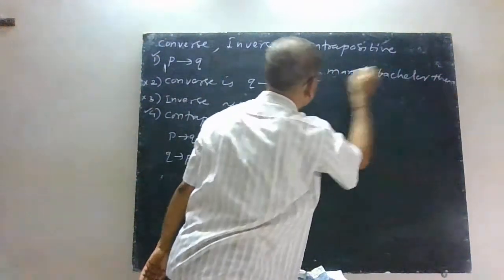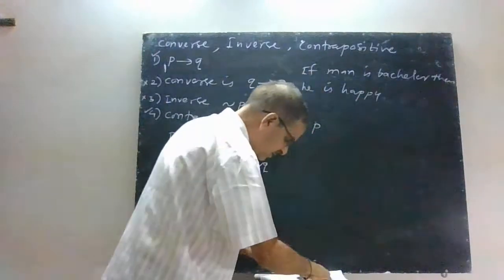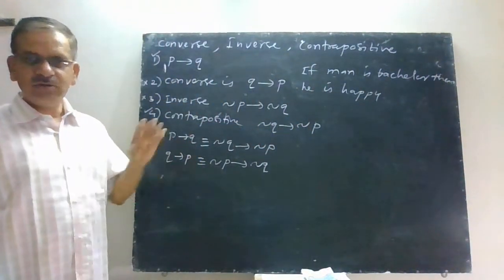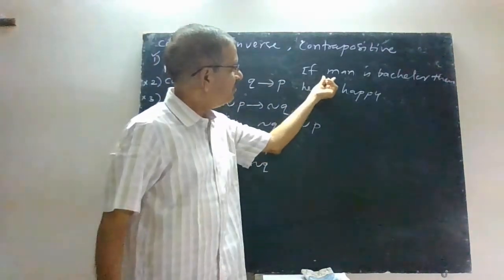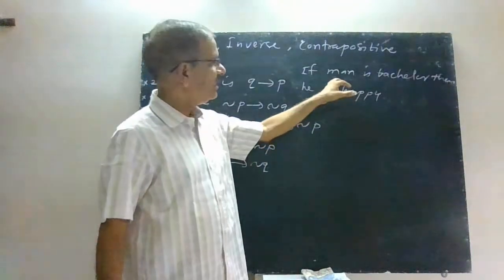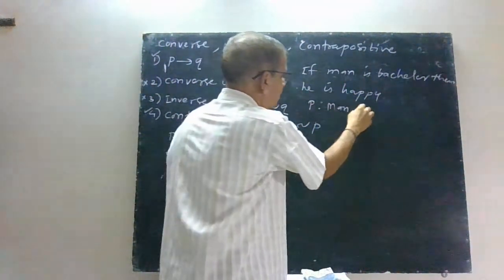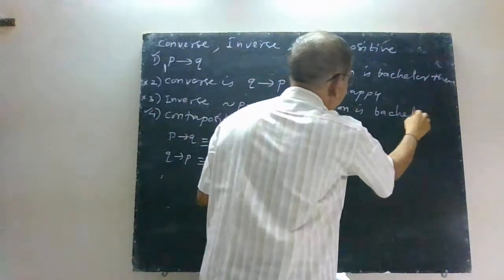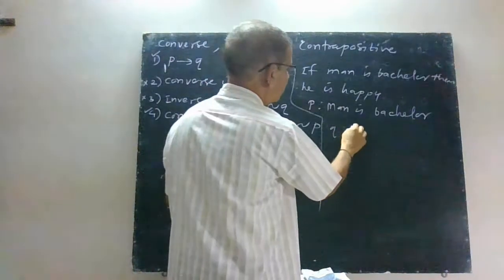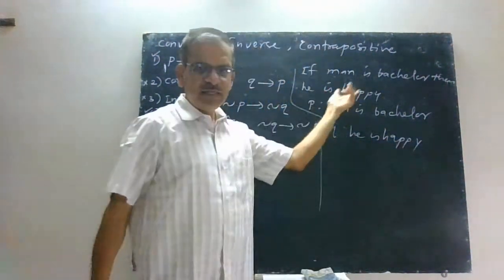Now first you have to identify what is your P and what is your Q. Here P is "man is bachelor", and Q is "he is happy". Or you can write even "man is happy".